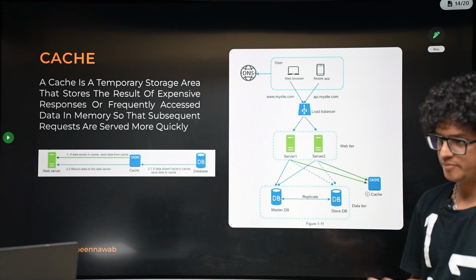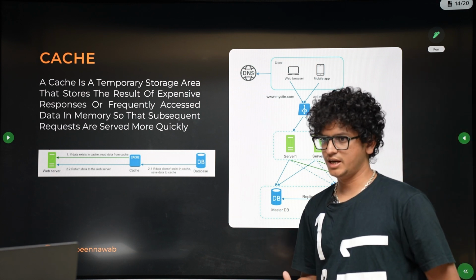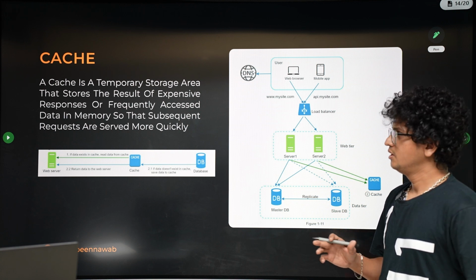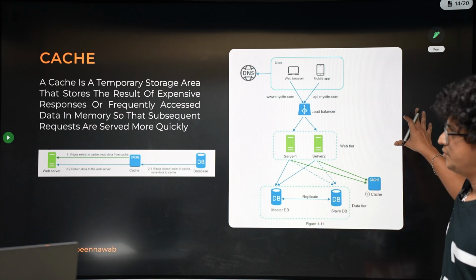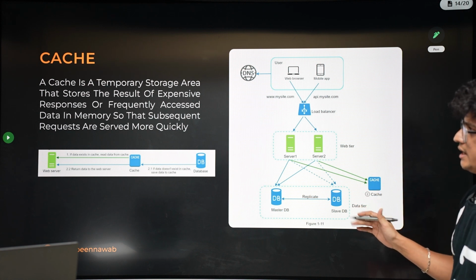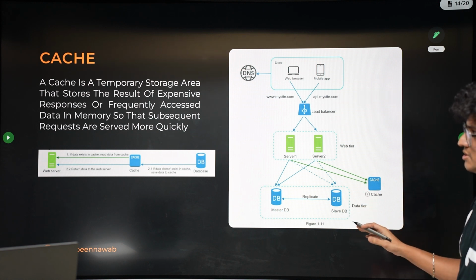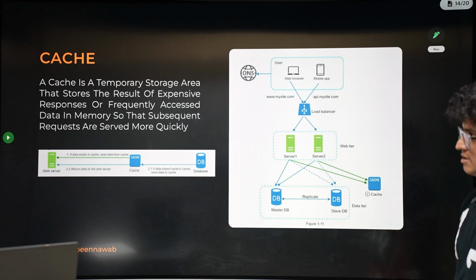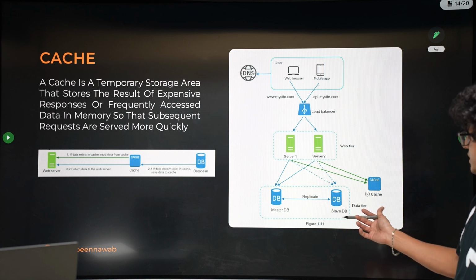Most people know that a cache helps to fetch data easily. For network setups as well, we have a cache, which is a temporary storage area that stores the results of expensive responses or frequently accessed data in memory, so that subsequent requests are served more quickly.